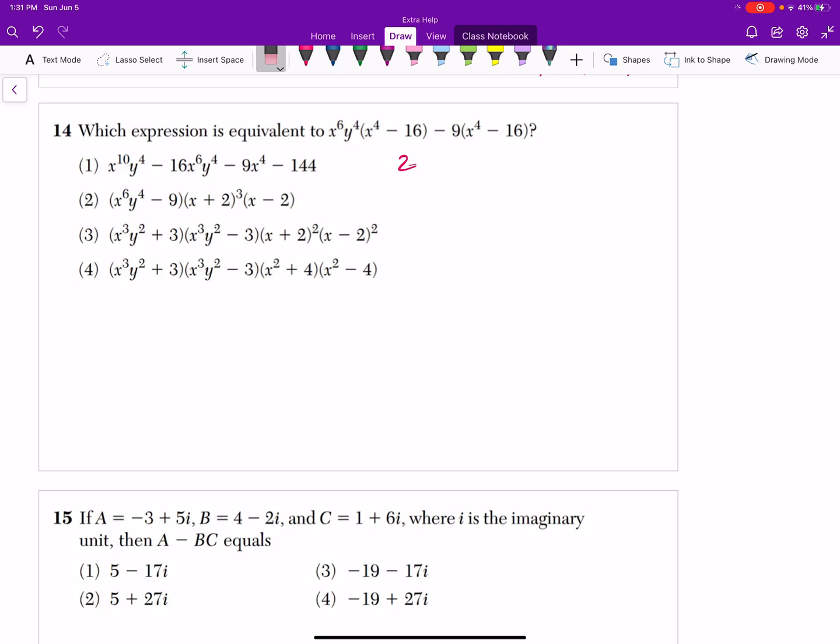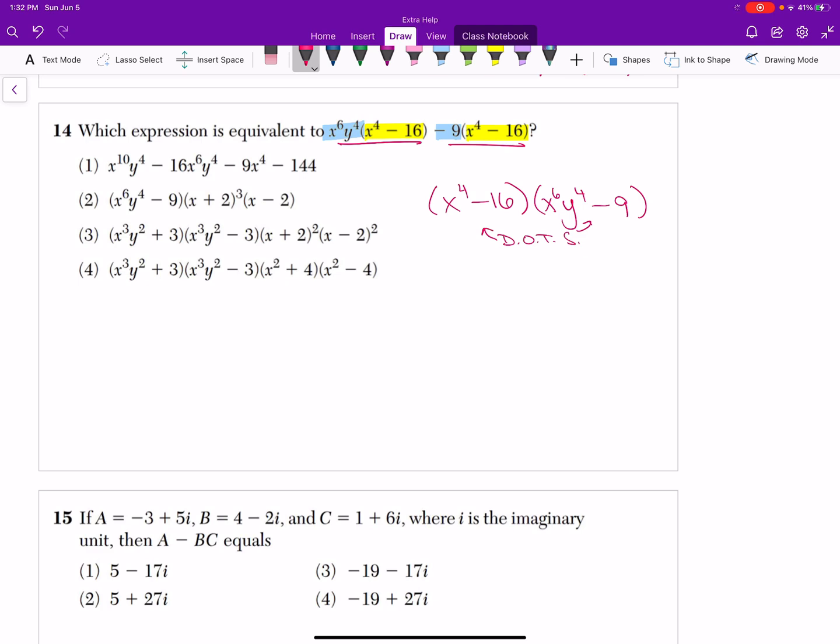Otherwise, this is a factoring question where they already started it for you. We have two things here. They both have this x to the 4th minus 16 in common. So I can take it out as a GCF. And then left over would be the x to the 6th, y to the 4th, minus 9. From here, both are differences of squares.